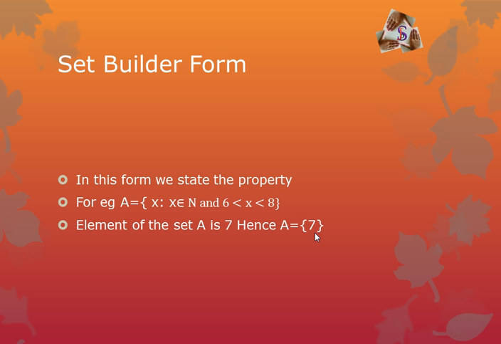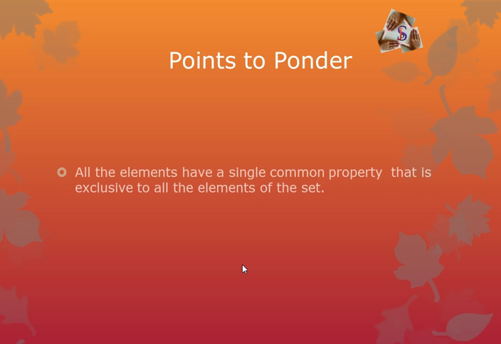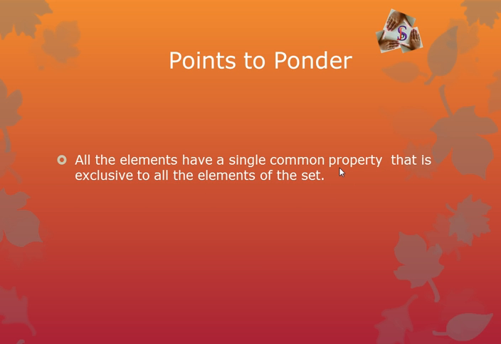Since it is having a single element, set A is called a singleton set. Proceeding further on, let us try to see what are the points that we need to remember. All the elements will have a single common property that is exclusive to all the elements of the set.